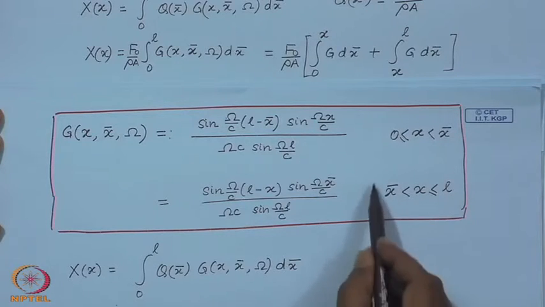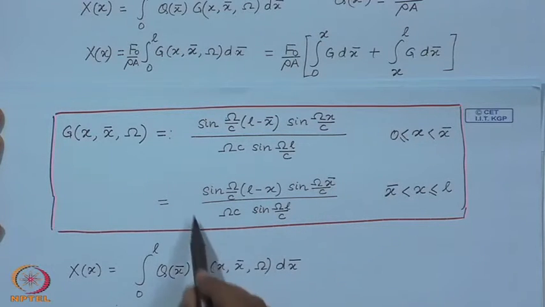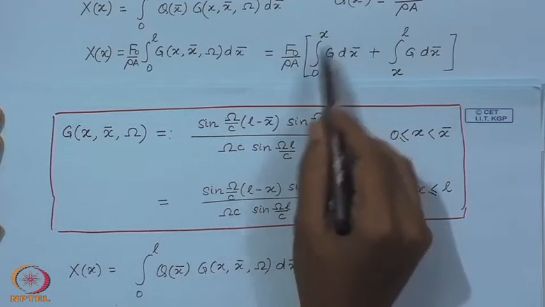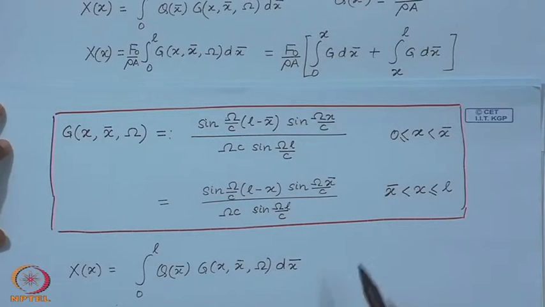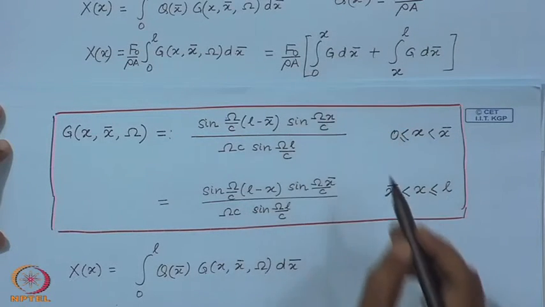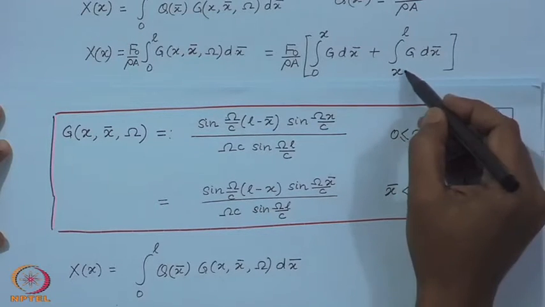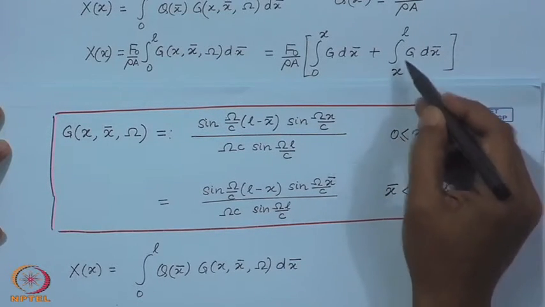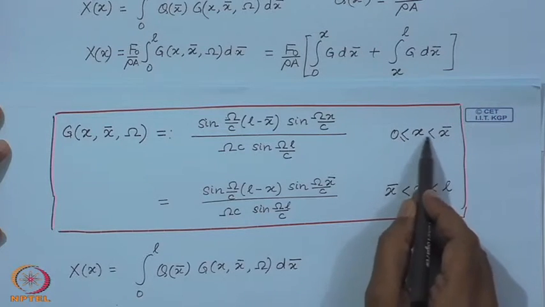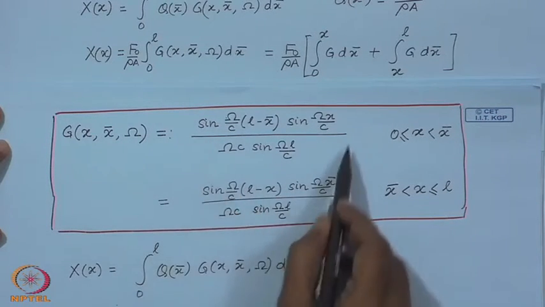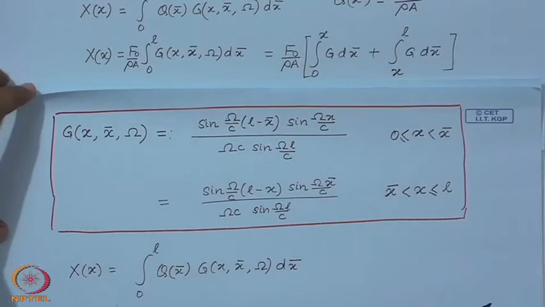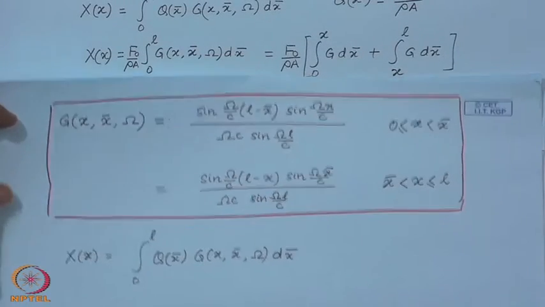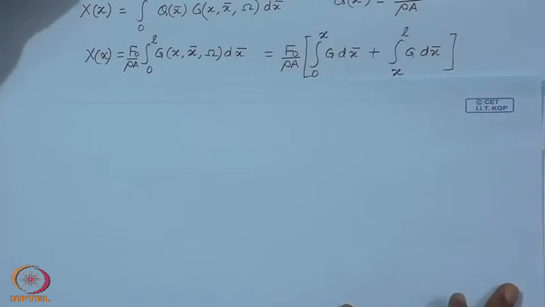So, this is the function corresponding to the integrand of this integral, whereas from x to L, x bar is greater than x. So, this must be the integrand. So, let us now carry this out.